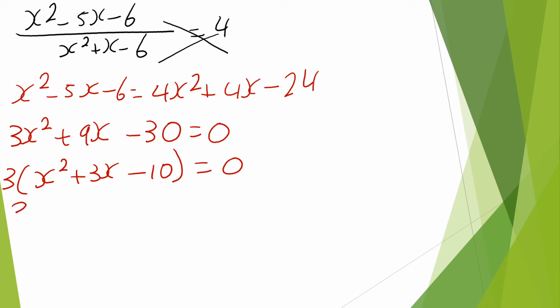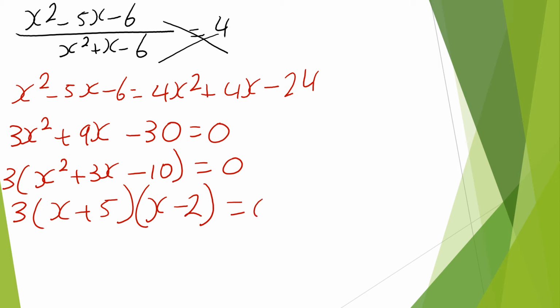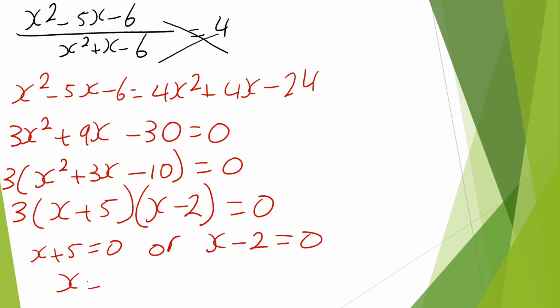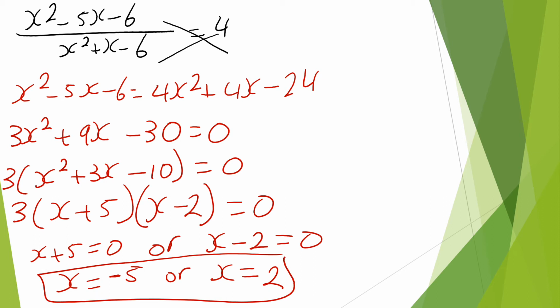Okay, so we'll factorize here. So it will be 3 times (x plus 5)(x minus 2) equals 0. Now 3 does not equal 0, so we'll do x plus 5 equals 0, or x minus 2 equals 0. So it's x equals -5 or x equals 2. So those are the two solutions for that quadratic equation.